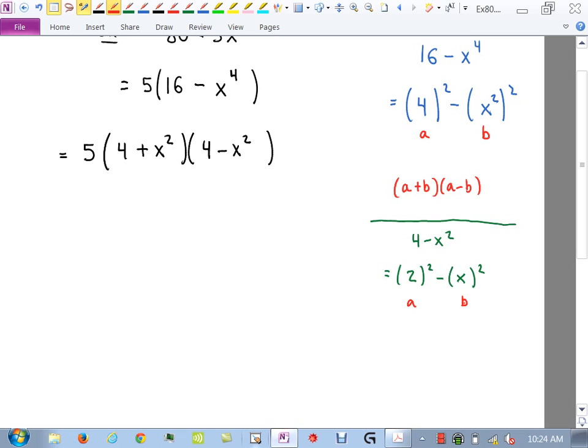So it'll be a plus b times a minus b in parentheses. But a for us is 2 now, and b is x. I do not touch the 5. I do not touch the 4 plus x squared. I do write 2 sets of parentheses: 2 plus x, 2 minus x.